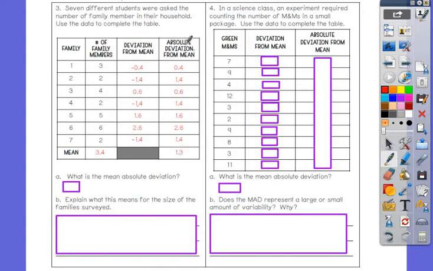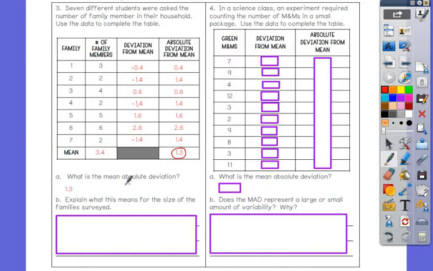To find your MAD score, your mean absolute deviation, these are my absolute deviations right now. To find the mean, which is the average, I'm going to add all of these up and divide by 7. When I do, I get 1.3. So, my mean absolute deviation score is 1.3.